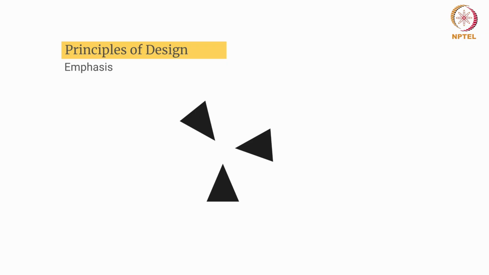If a design has no focal point drawing attention inward, it may seem to fall apart, making it difficult for the viewer to organize what's going on. Here in this image, you can clearly see because of the navigation of the triangles, your eyes automatically focus on the central point of this composition.